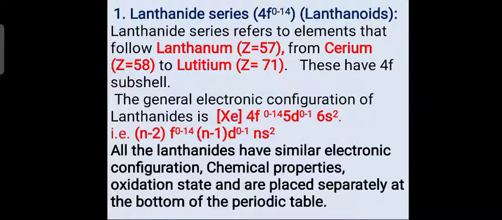The general electronic configuration of lanthanides is xenon 4f 0 to 14, 5d 0 to 1, 6s2. This is the outer electronic configuration. That means n minus 2 f 0 to 14, n minus 1 d 0 to 1, and then ns2.